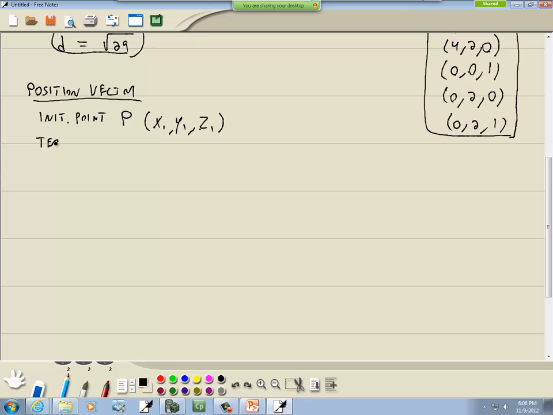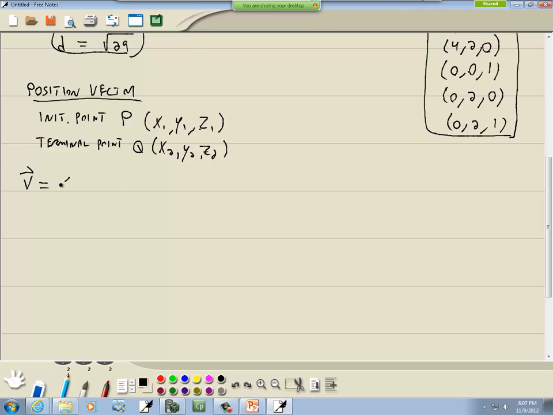And we have our terminal point, not that I can spell. Terminal point. There we go. Q, I'm assuming. Is that right? Yeah, Q is what they use here. And that'll be x2, y2, and z2. So our position vector, and I'll label that as a v, and I'll put a little vector over that, and very quickly I'll drop that because it's a pain to write it every time.